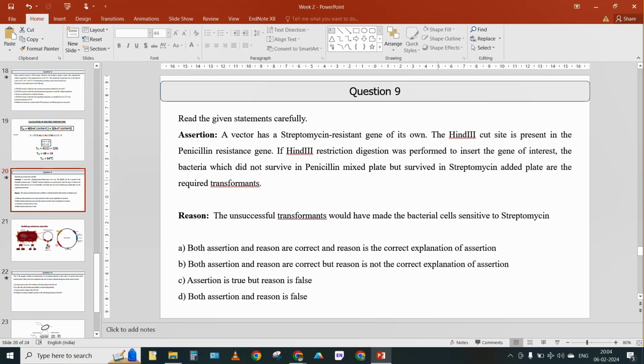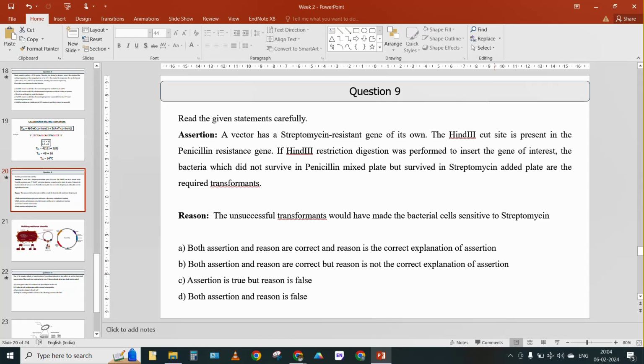Okay, let me do this first. Please continue. Assertion is true, reason is false actually. Which option? Sir, option C. Option C: assertion is true, but reason is false. Any reason behind this? Any supportive statements?